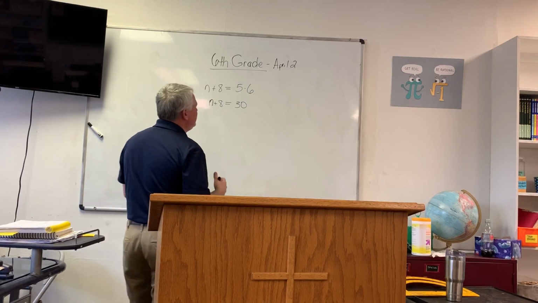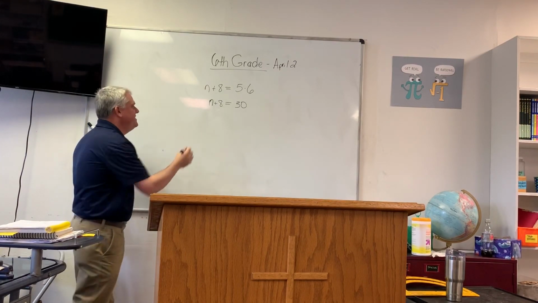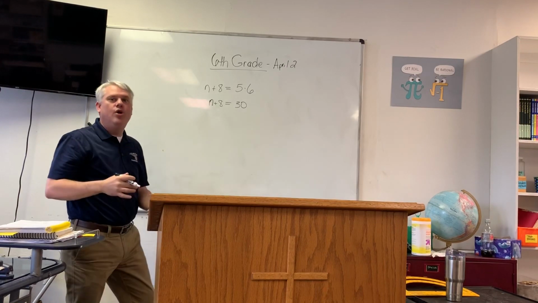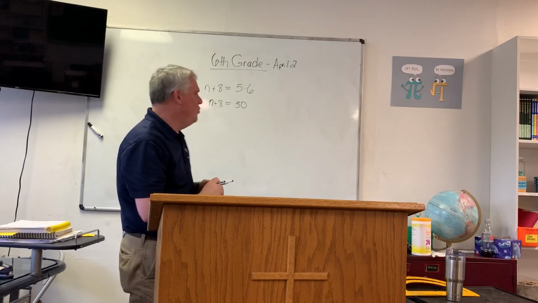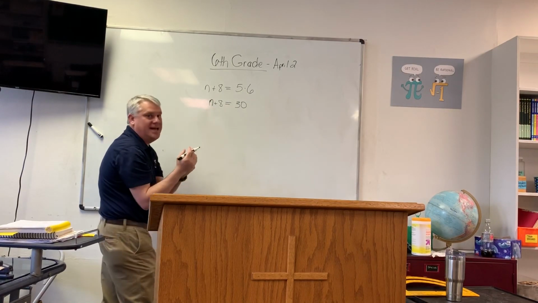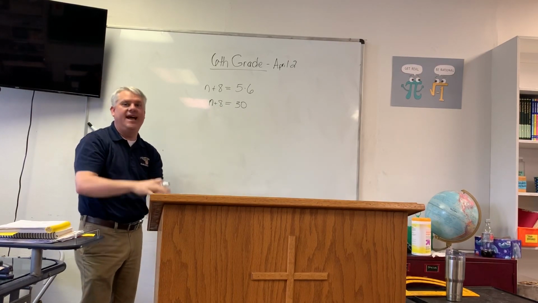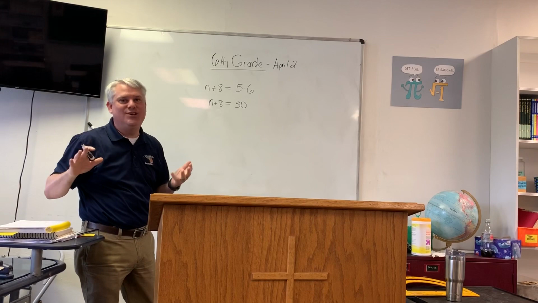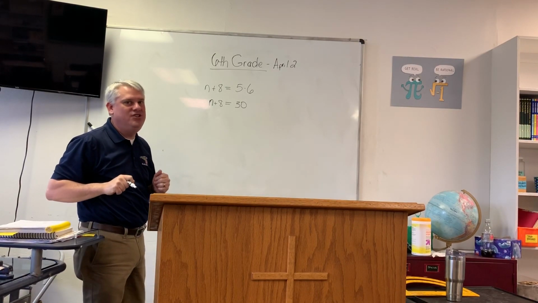Now my next step, always in an equation, my goal is to get this variable all alone on a side by itself. So I look at this equation and I say, well, if I want n by itself, I need to get rid of the 8. But I can't just take it away, because remember, whatever I do to one side, I have to do to the other side.